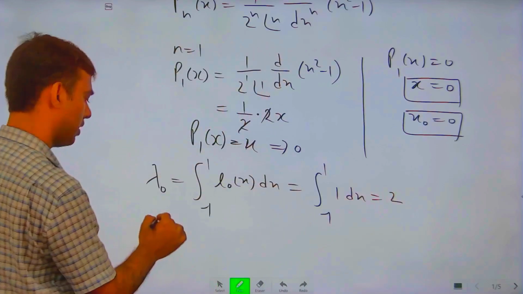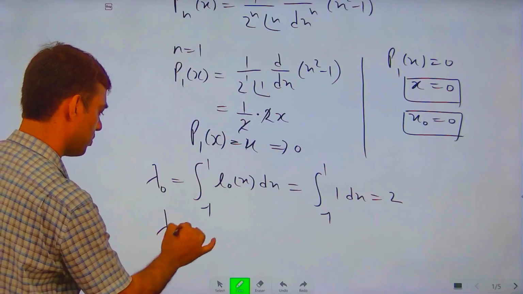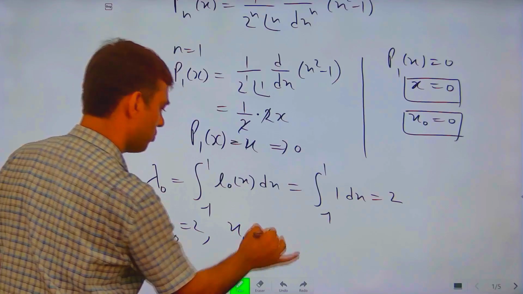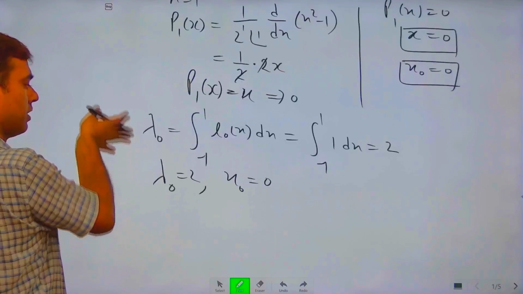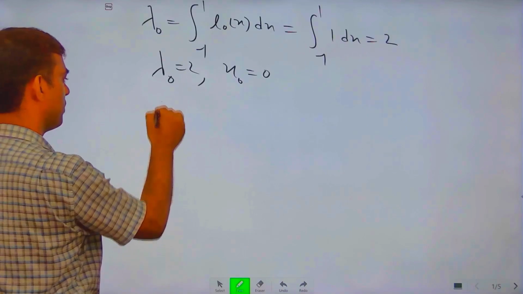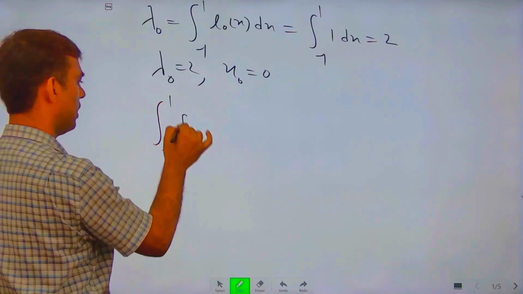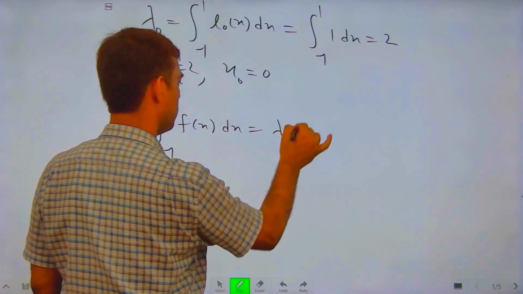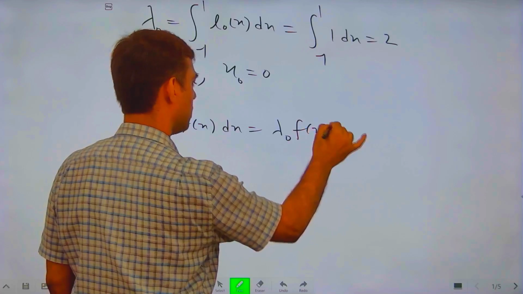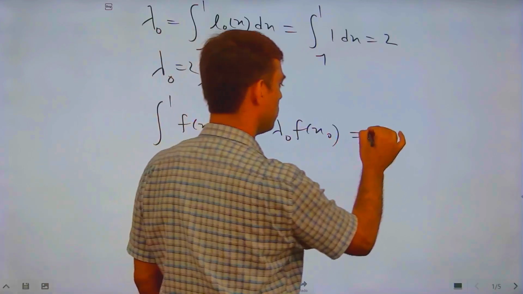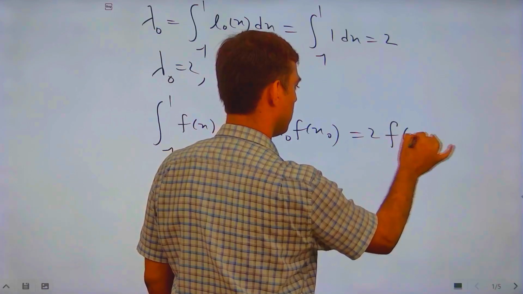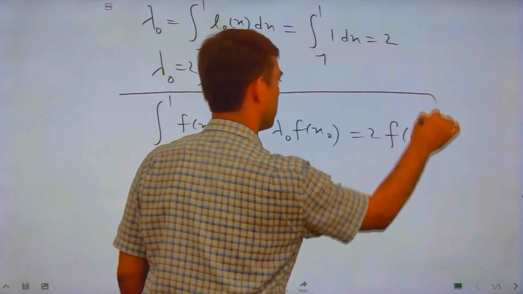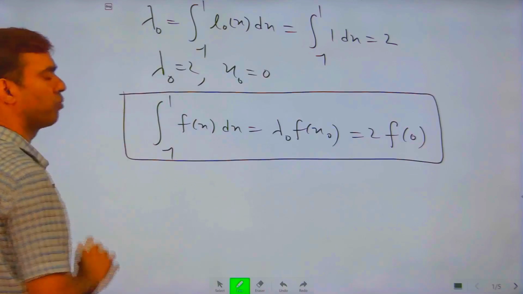So lambda 0 equals 2 and x0 equals 0. So the formula becomes the integral from minus 1 to 1 of f(x) dx equals lambda 0 f(x0), and here lambda 0 is 2, so 2 f(0). This is the same as we derived earlier. So this is the 1 point formula.